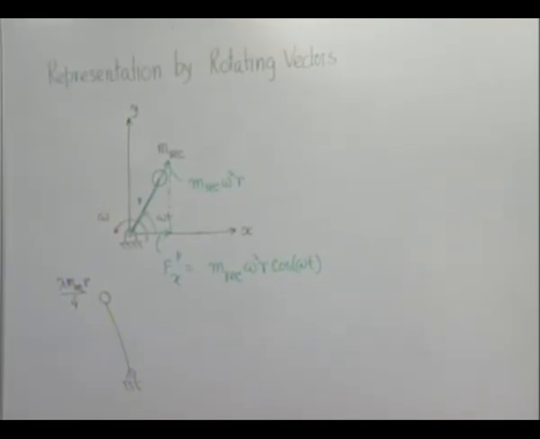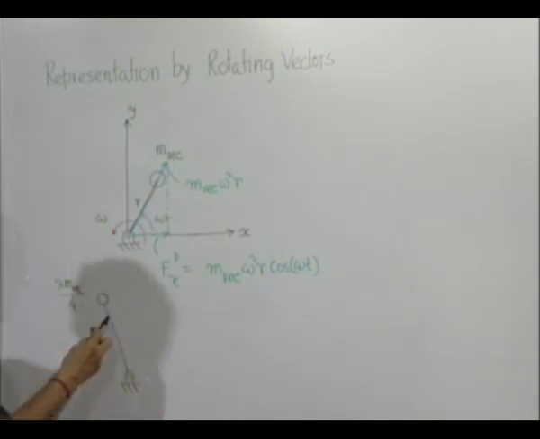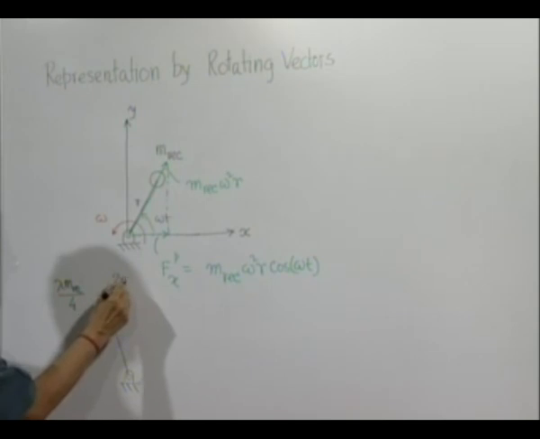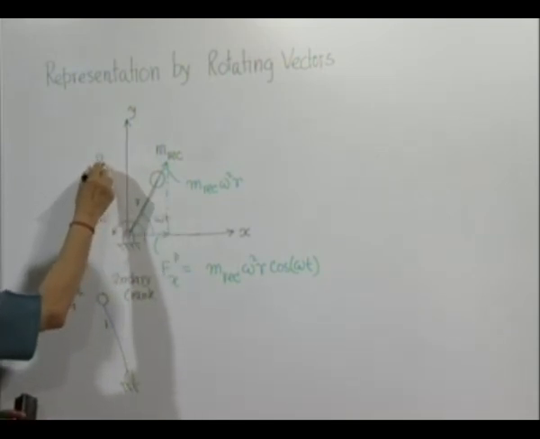So, it will be m reciprocating by 4 into lambda at a distance r, and we call this a secondary crank. This is the primary crank.